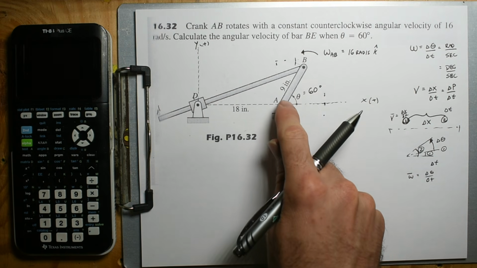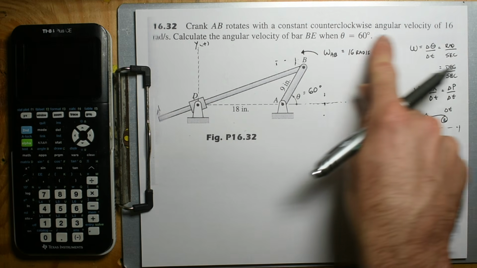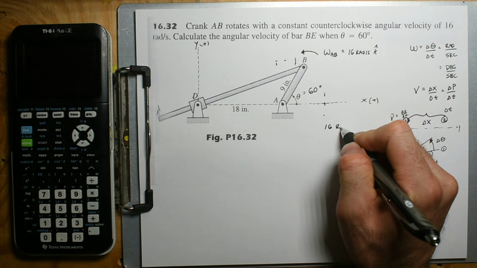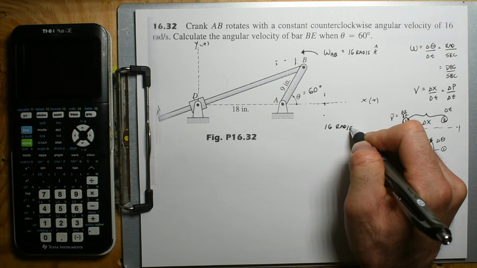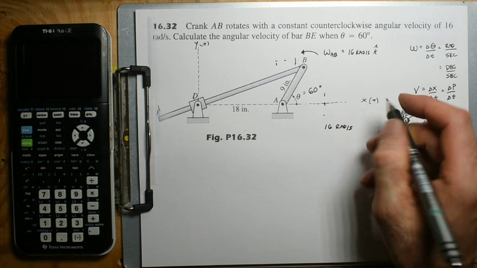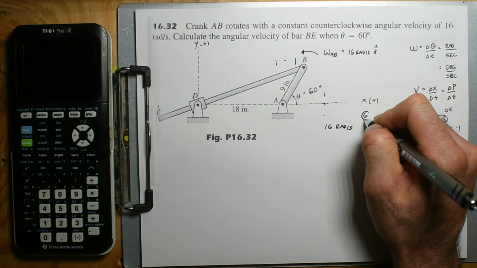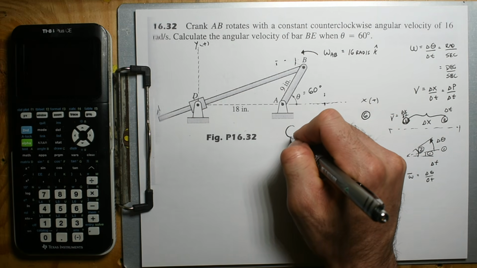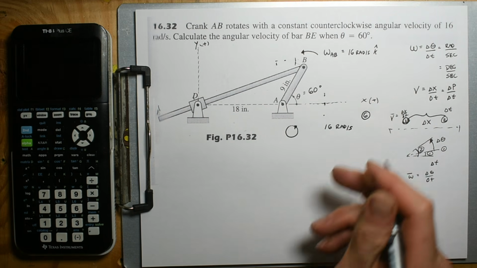But let's get a sense of this. 16 radians per second. So I'm just going to say to myself, I need to always think of radians as groups of 6. If I have 6 of them, that's going to be one full rotation of a circle.